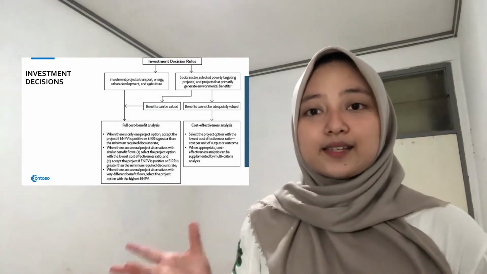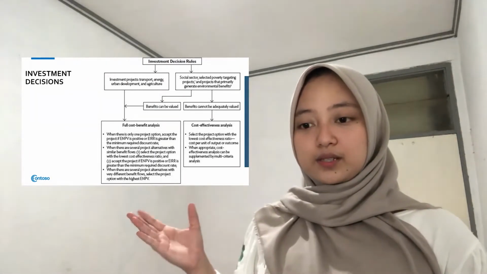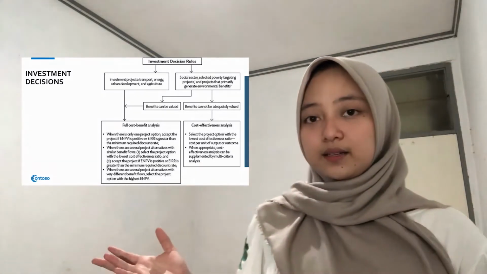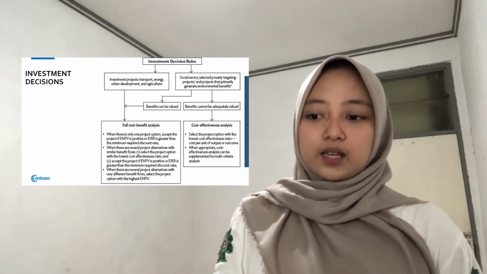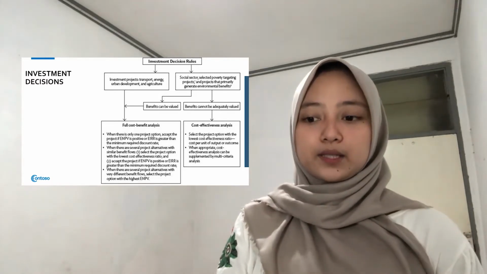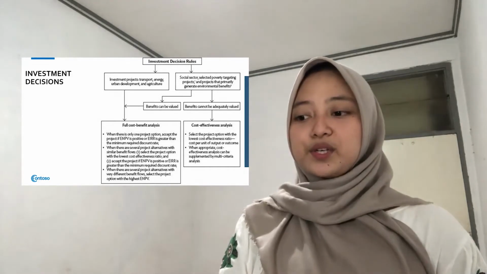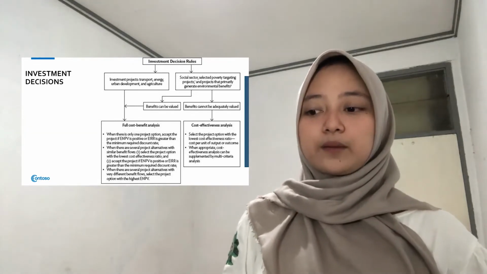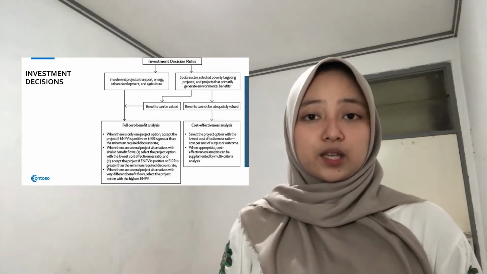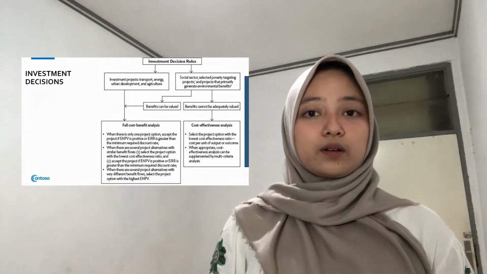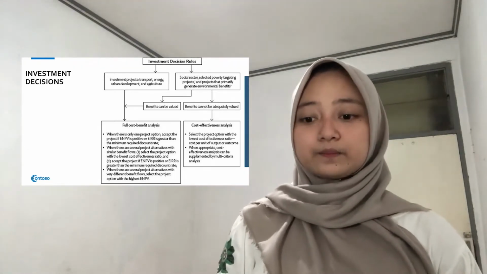So, this is the investment decision rules. As you can see on the screen, investment projects such as power, transport, urban development, and rural irrigation generate economic benefits, most of which can be valued, and establishing economic viability requires a full cost-benefit analysis.